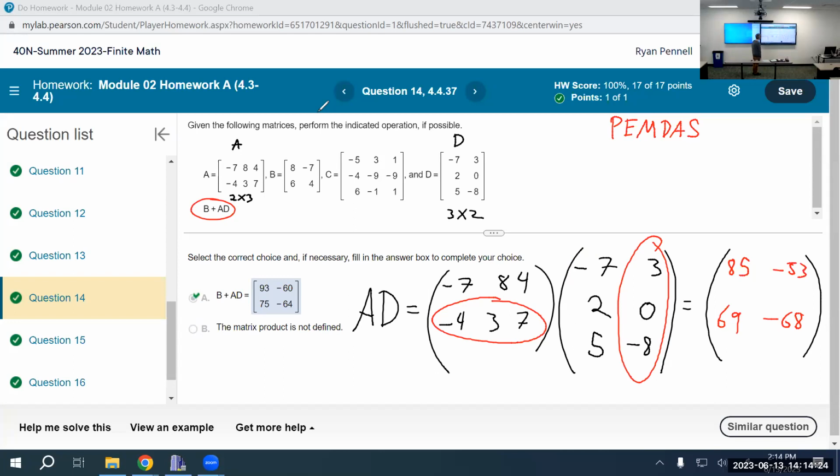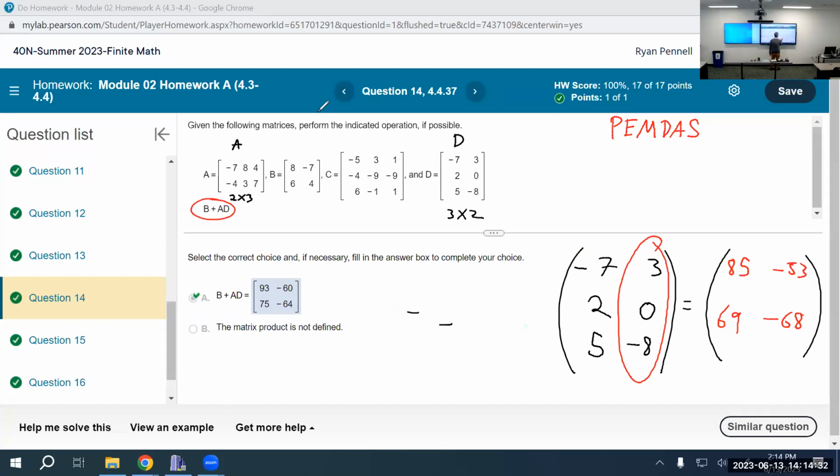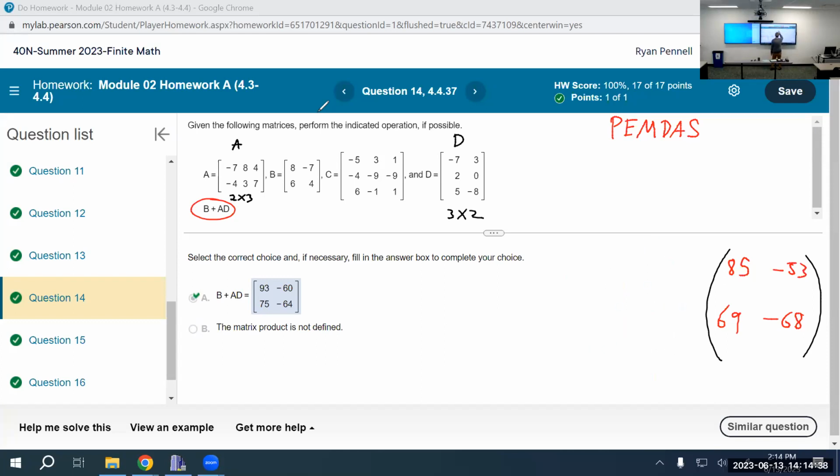Now I need to add B in there. B is 8, negative 7, 6, 4.